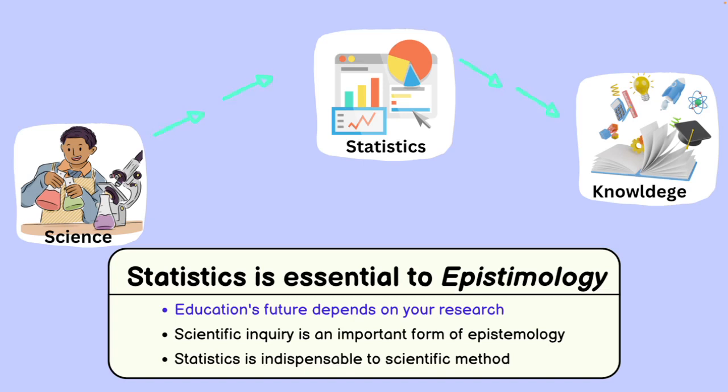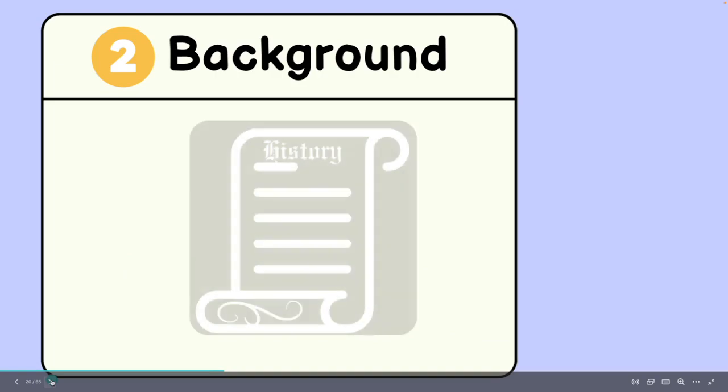And scientific inquiry depends on the application of statistics. For education research, just like research in medicine or in finance or in agriculture, all of the research depends on the right application of the principles of statistics.